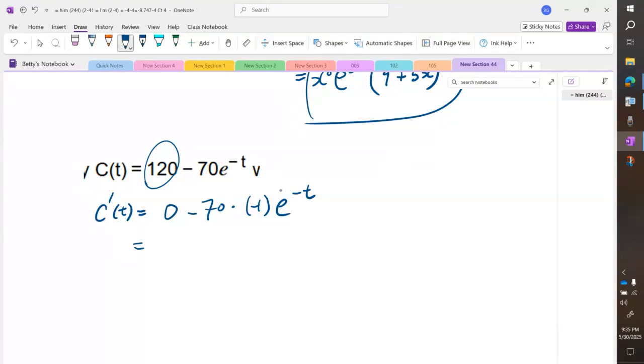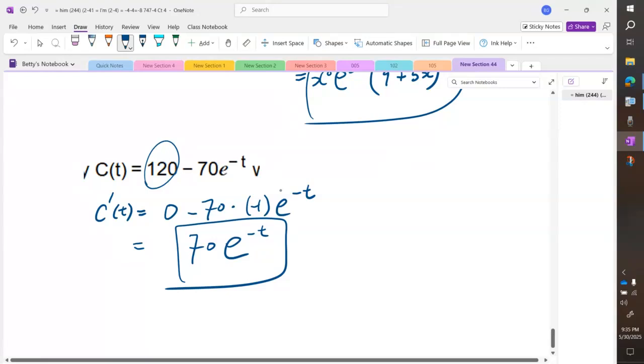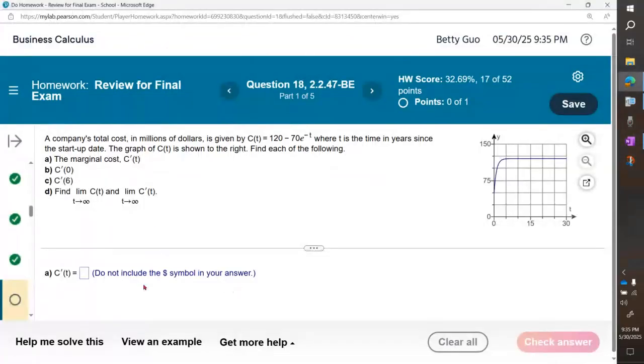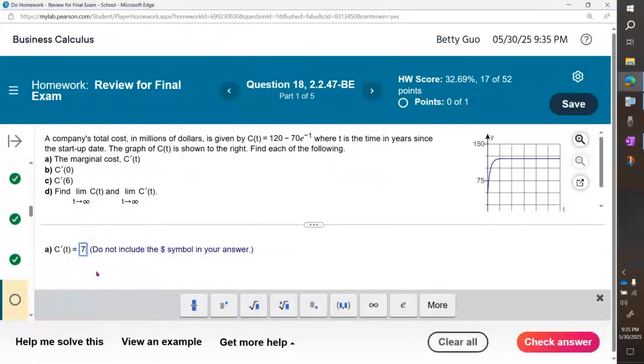Okay, so negative times negative is a positive, positive 70 e to the power of negative t. So that's the answer. The marginal cost is 70 e to the power of negative t.